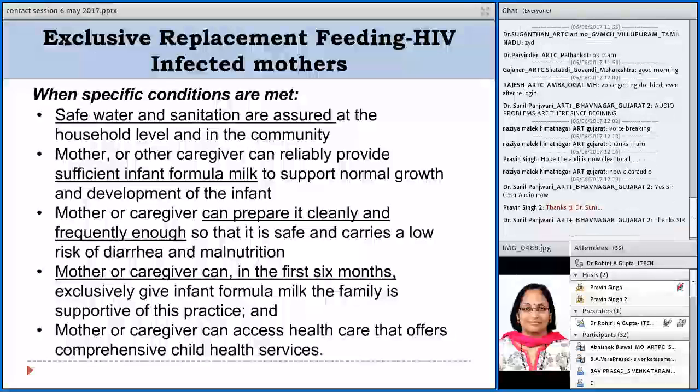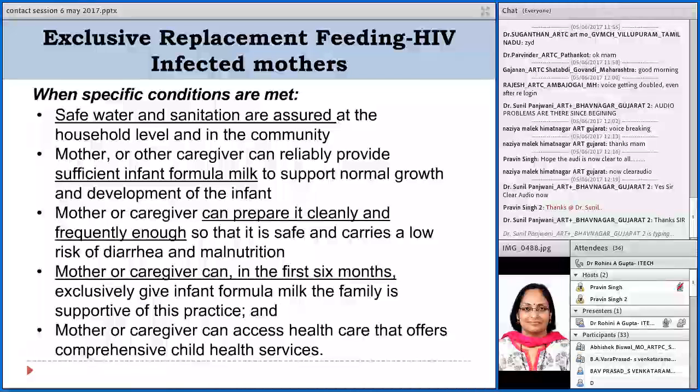The mother or caregiver can exclusively give infant formula or animal milk in the first 6 months, and there are no issues of finances or other family issues which will interrupt the continuation of this. Otherwise, it should be avoided.